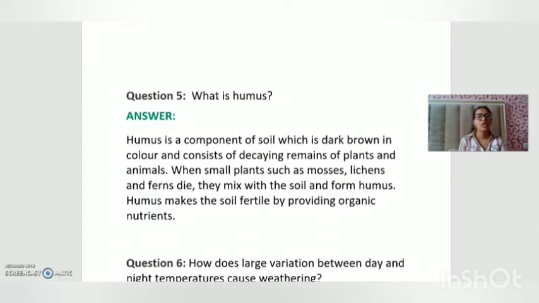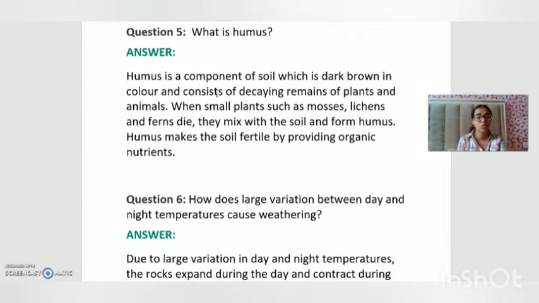Now we have talked about humus, that soil has two components and humus is a part of that. Have you wondered what the meaning of humus is? So the question is, what is humus? Humus is a component of soil which is dark brown in color and consists of decaying remains of plants and animals, right?